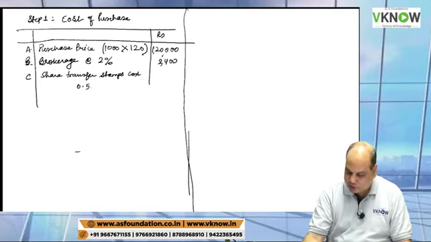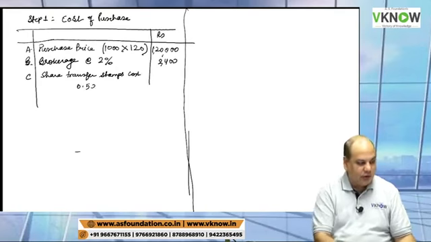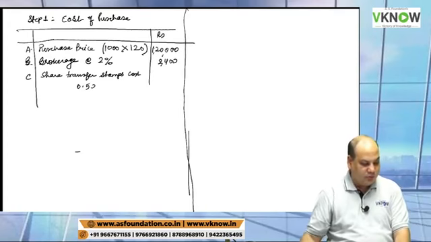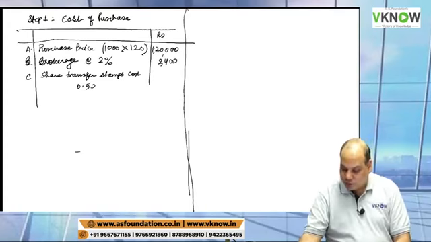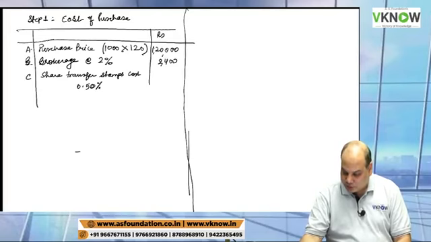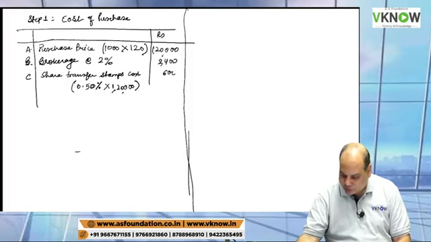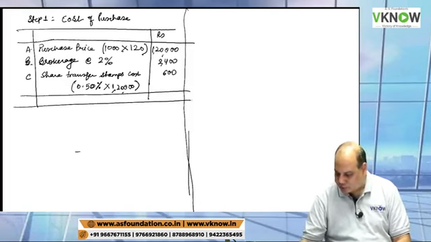It is given 50 paise per 100 rupees. So that is 0.5% into 1,20,000. That is 600 rupees. So this is the total cost.